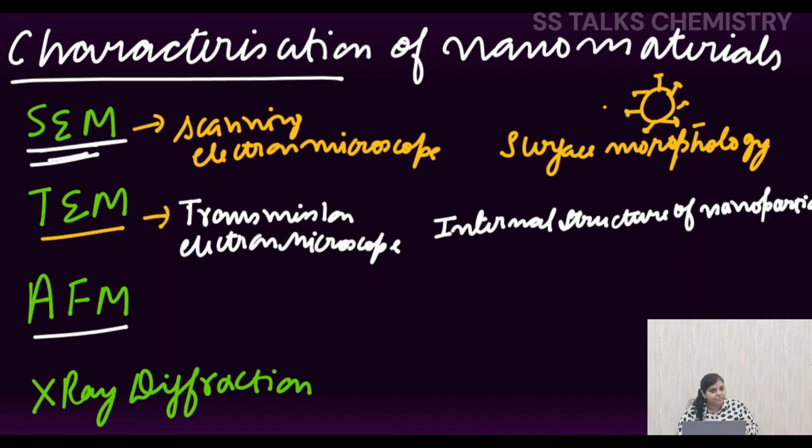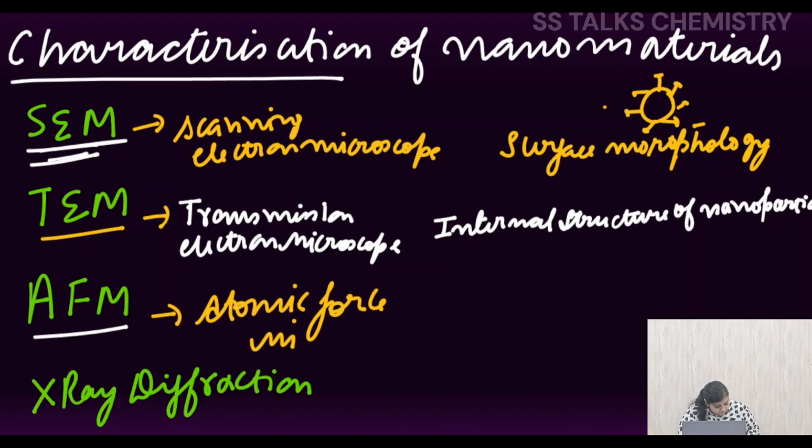Next is the AFM. AFM stands for atomic force microscopy. Using this you can tell the surface topology. Basically, you can tell whether the surface of the nanomaterial that I am having is a smooth surface or a rough surface.